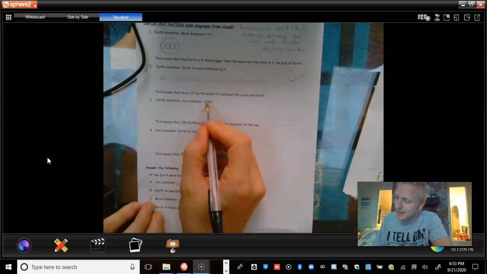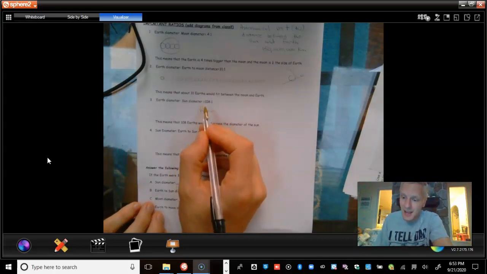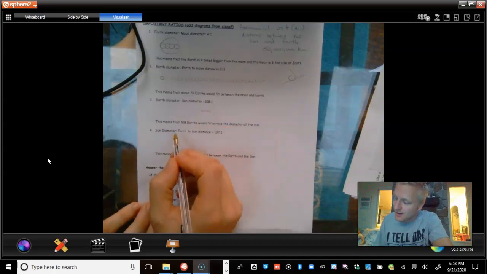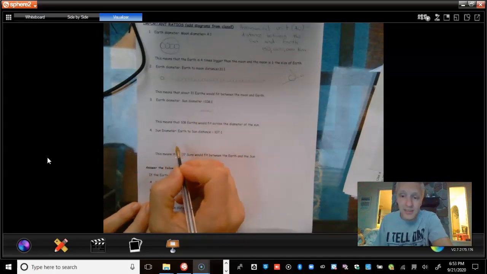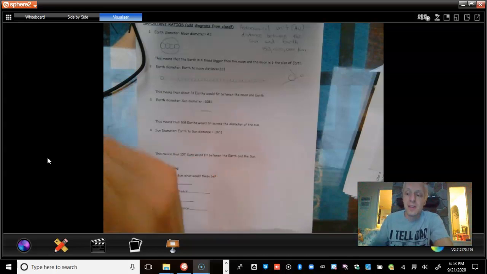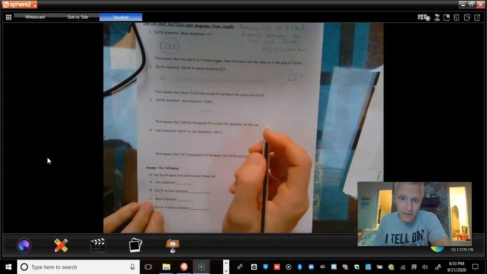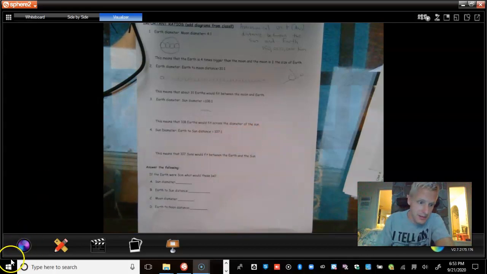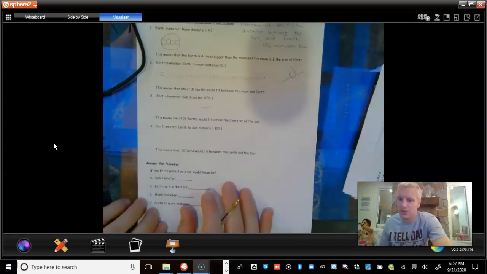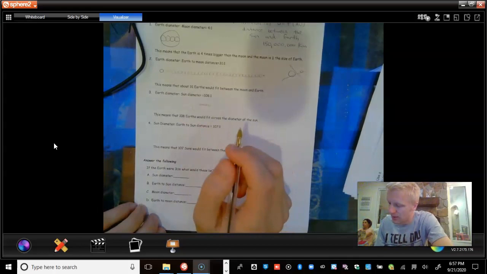So if you need 108 Earths to be the diameter of the sun, you're going to need 107 of those to make your way from the sun to the Earth. So very, very large. All right, let's do some examples of this.